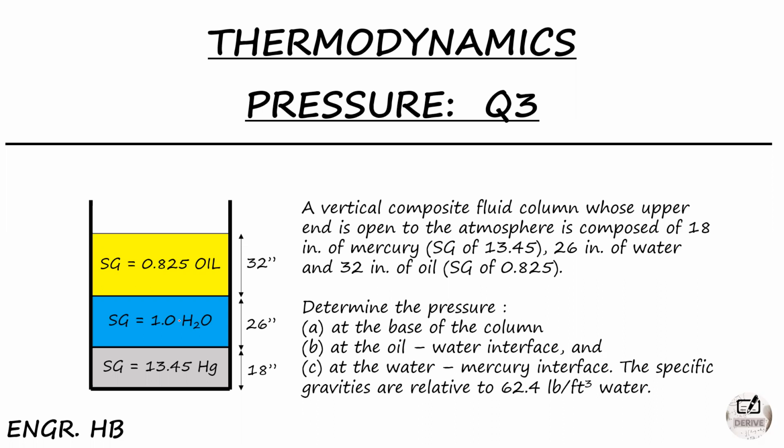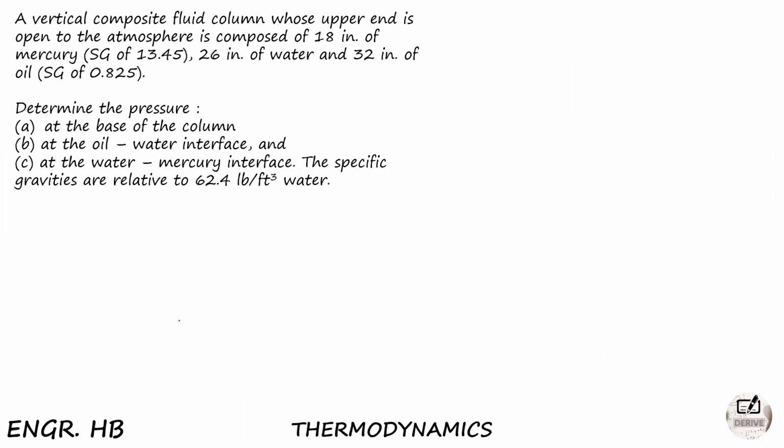Determine the pressure at the base of the column, at the oil-water interface, and lastly, at the water-mercury interface. The specific gravities are relative to 62.4 pounds per cubic foot water.